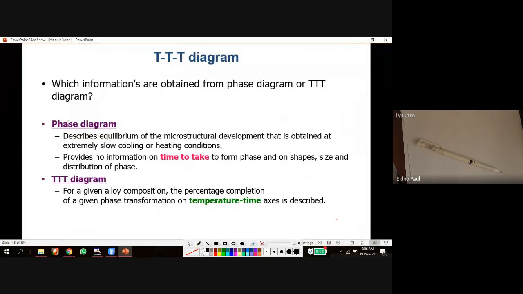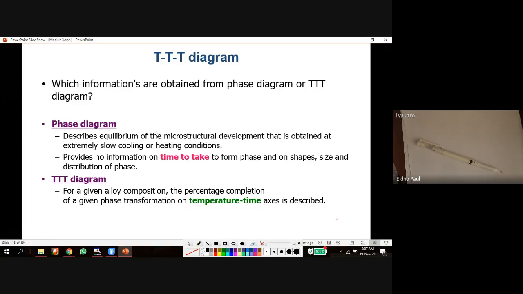The equilibrium phase diagram describes the equilibrium microstructure development that is obtained at extremely slow cooling or heating conditions. So it does not provide any information about the time taken to form phases, or the shape, size and distribution of phases. These are the two important disadvantages of the phase diagrams we studied: the unary phase diagram, binary phase diagram, or iron carbon equilibrium diagram.